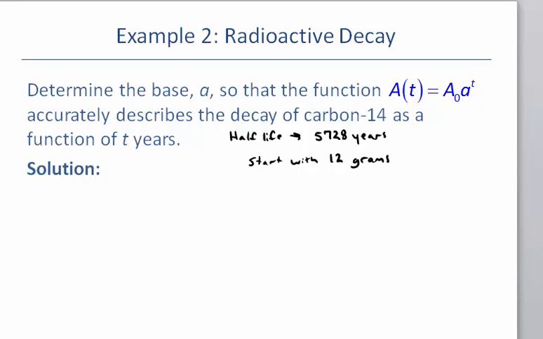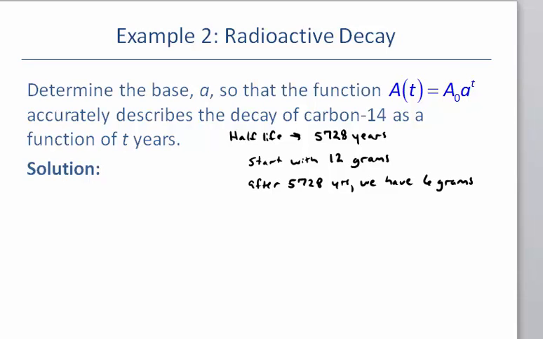And understand that I am completely making up a number here, and that's fine. Because if we start with 12 grams, after 5,728 years, how much are we going to have? We will have 6 grams.